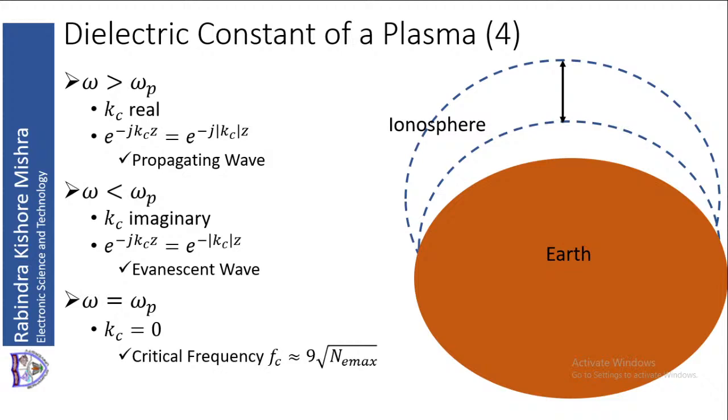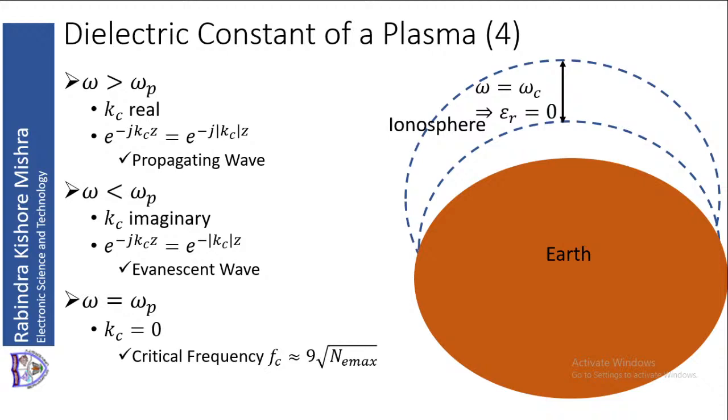Now look at this, we have got the Earth. On the Earth we have got the ionospheric layer. So we can see the band which shows us the ionosphere. In the ionosphere, corresponding to different frequencies, the reflection can occur from different points.